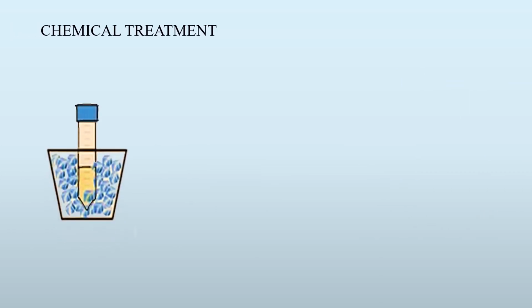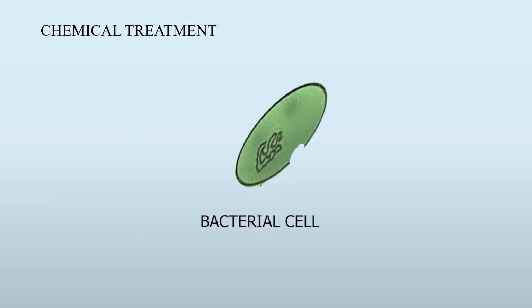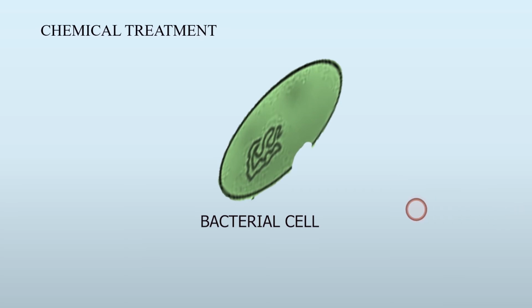In chemical treatment, bacteria are incubated with an ice-cold salt solution containing calcium chloride, followed by heat shock. The salt solution is responsible for the permeability of the bacterial cell membrane. A change in the structure and permeability of the cell membrane is due to competency. Hence, the DNA can enter the cell.